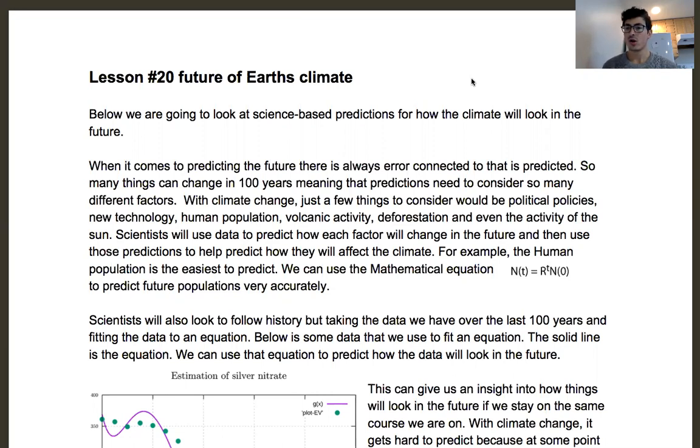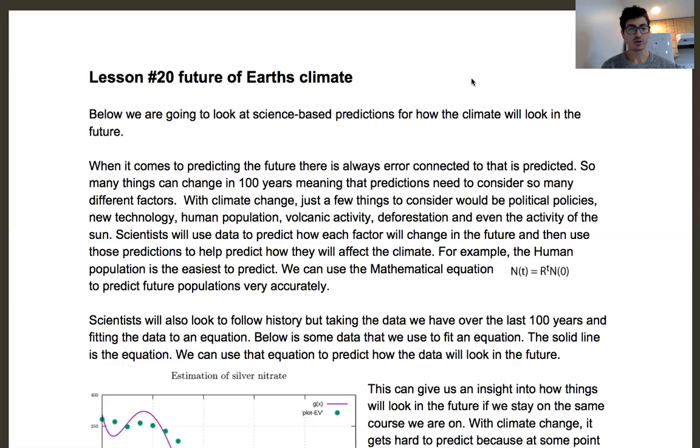So back when humans were just evolving, let's say pre-expansion into Europe, and the human population is very small, we could predict, okay, every year we're going to increase by maybe 10,000 people. And that's going to fit for a couple years.